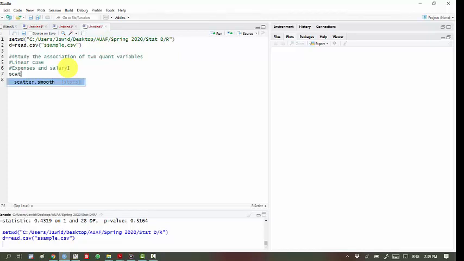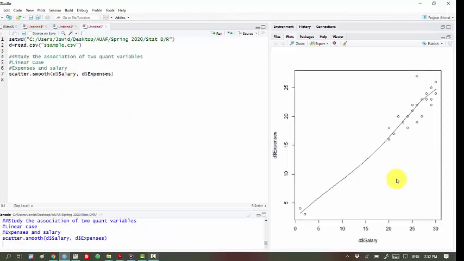I use the function scatter.smooth, $d$salary, then $d$expenses. You can see that the line here is not a completely straight line, but very close to a straight line. In order to measure how linear the association between salary and expenses is, we use the covariance.